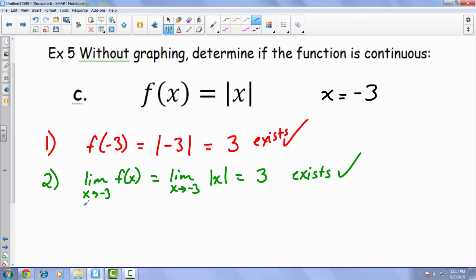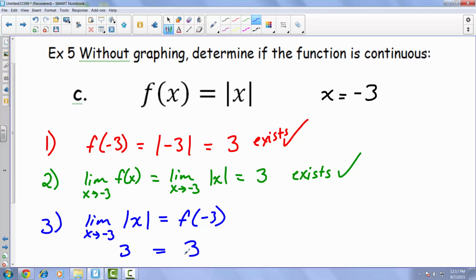Now looking at criteria 3, do they in fact match? Yes, they do. The limit as x approaches -3 of the absolute value of x is in fact equal to f of -3, because again they both ended up coming out to be +3.